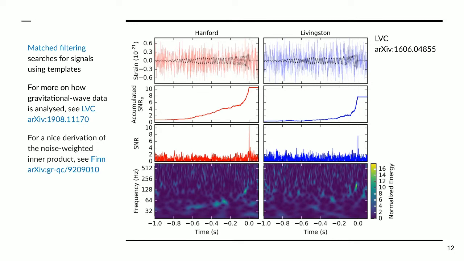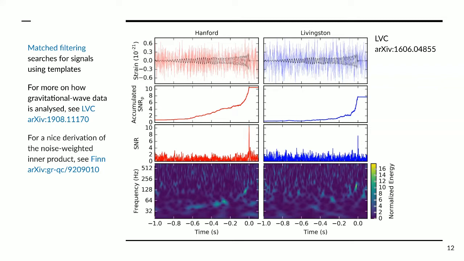And you can imagine, if we had a really loud spike in the data, say at this point, when we take the overlap between the template and the data, we could potentially get a very large value because there's a large overlap at that particular point, even though the rest of the signal doesn't match. So it's not enough just to look at signal to noise ratio, the overlap between the signal and the data.